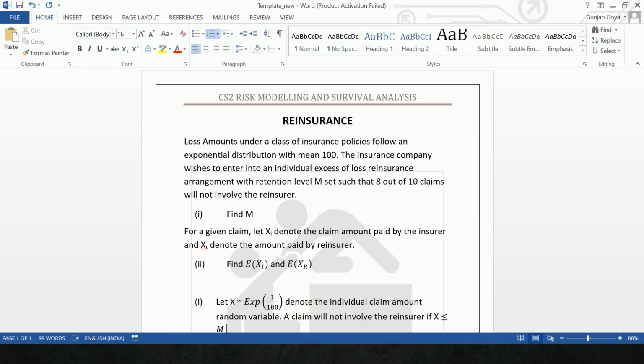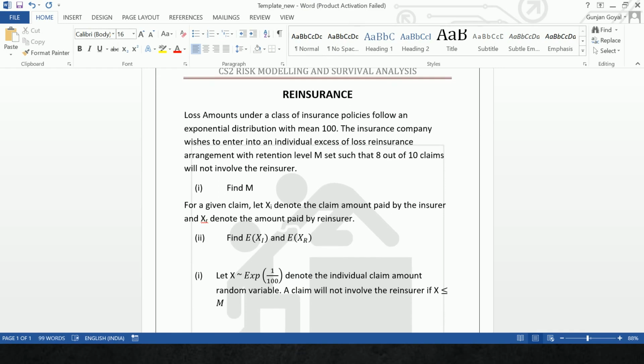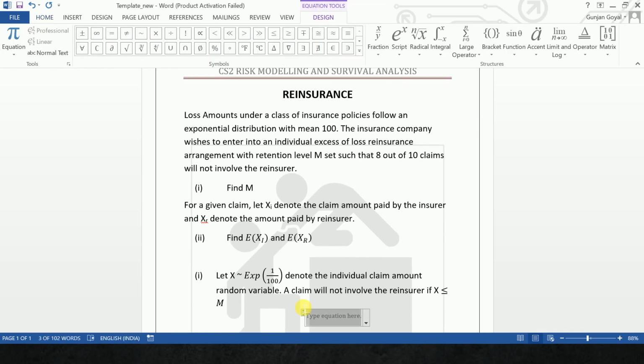So therefore we can write in the next line, let's insert an equation, F subscript X of M is equal to the probability that X is less than or equal to M, which is equal to 0.8, as given in the question.